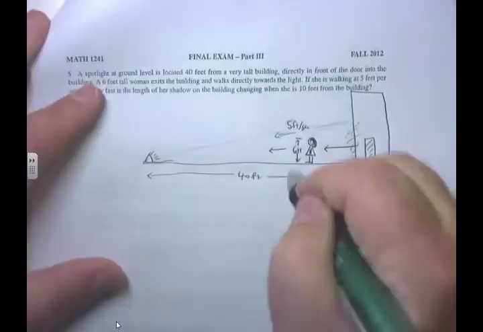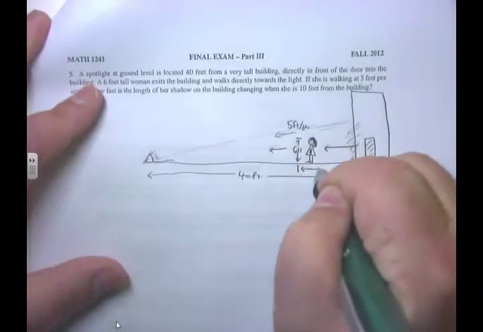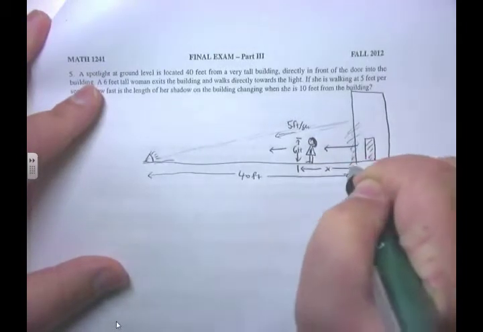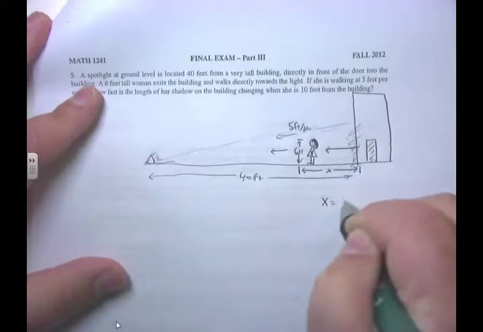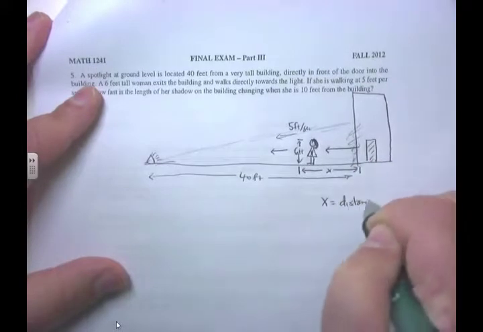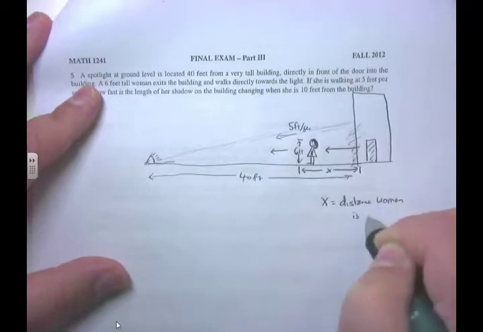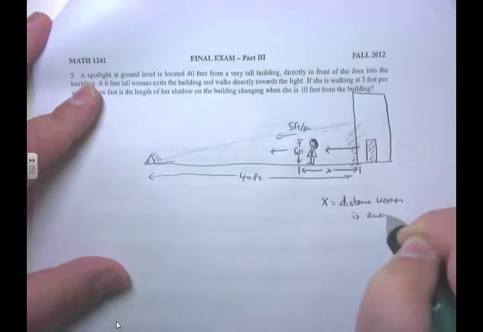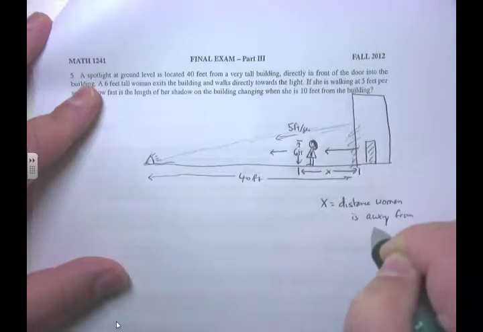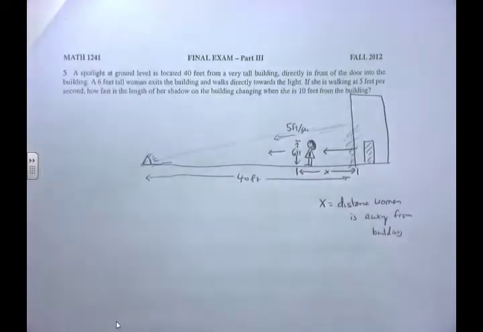So, I'm going to call this part X right here. X is equal to the distance the woman is away from the building. Does that make sense?